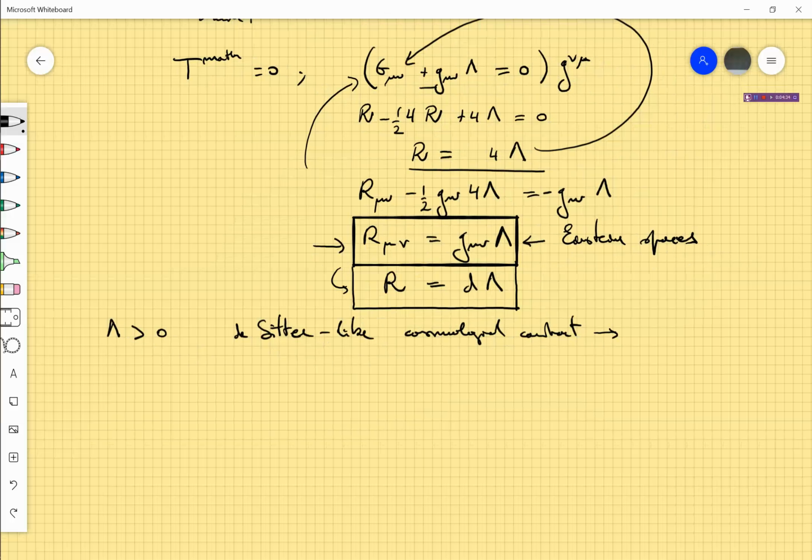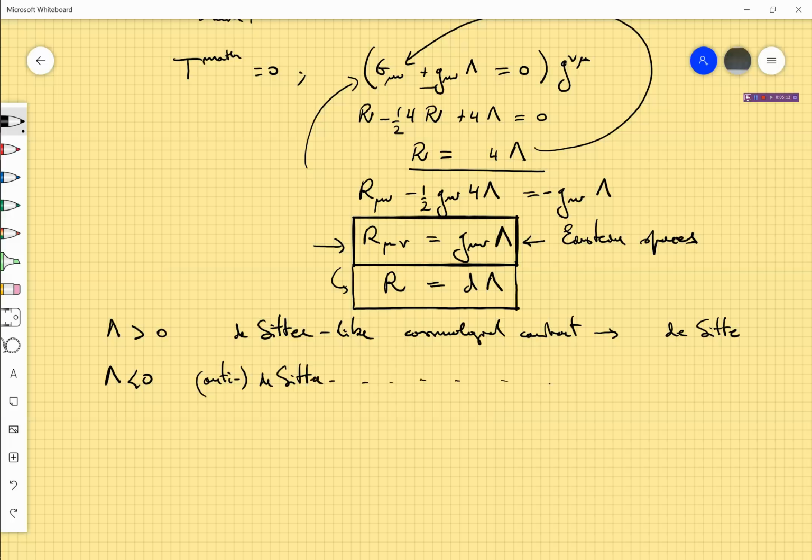Remember these two solutions that we constructed, finding the induced metric on some hyperboloid. One of them was called de Sitter, and the other was called anti-de Sitter. De Sitter space is a solution of these equations with lambda positive. Lambda negative is called anti-de Sitter.